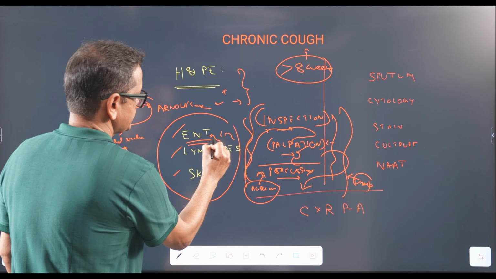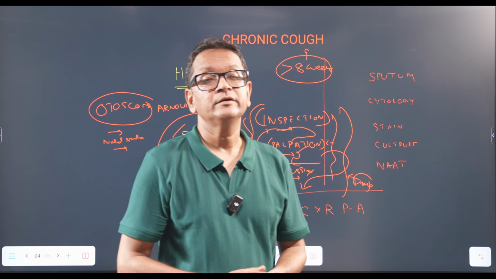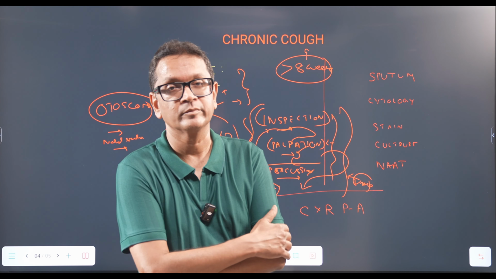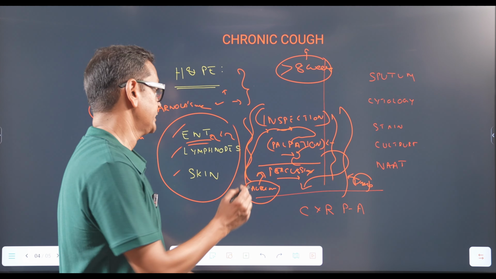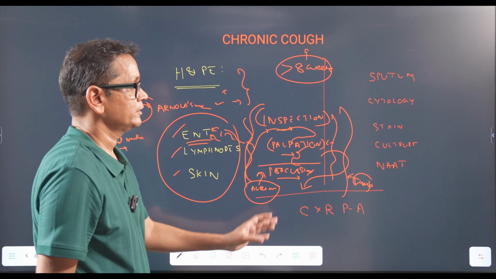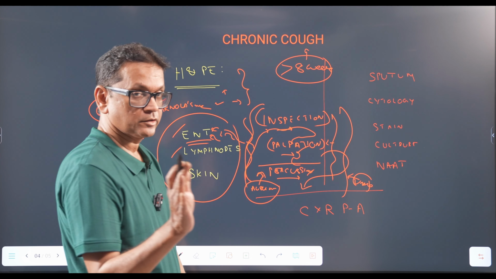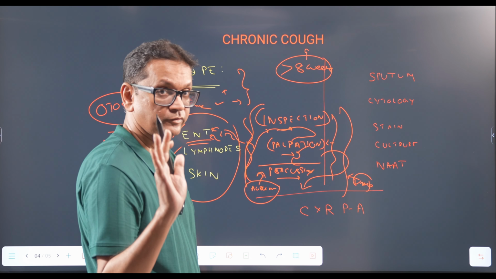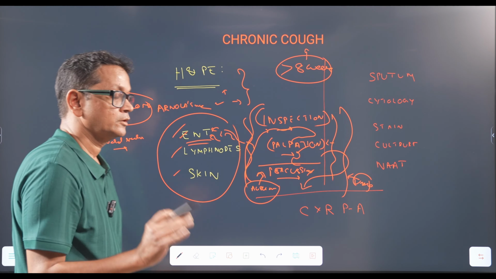So any irritation in the auditory canal, whether because of ASOM or CSOM, or because of a foreign body like insects, kind of those things, can stimulate the vagus nerve and produce cough. So cough is not essentially pathognomonic of the respiratory system. So anything in the ENT, nose also.